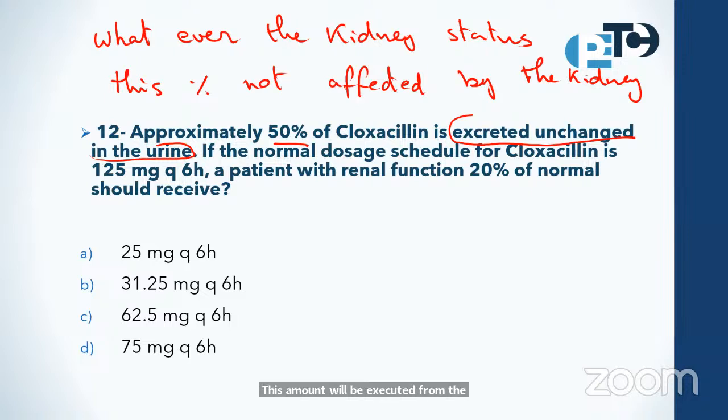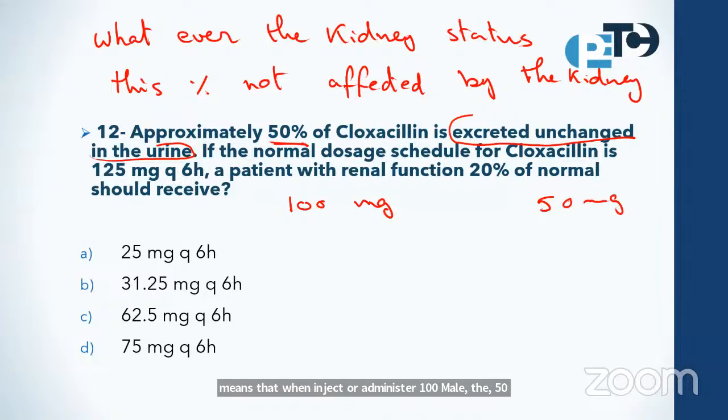So 50% of cloxacillin is excreted unchanged in the urine, this means that when you administer 100 milligrams of cloxacillin, 50 milligrams of it is excreted, whatever the status of the kidney. Whether it is 100% function or 0% function, 50 milligrams will be excreted.